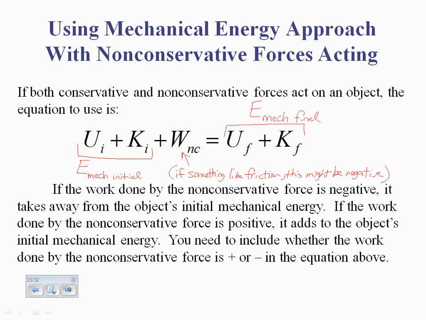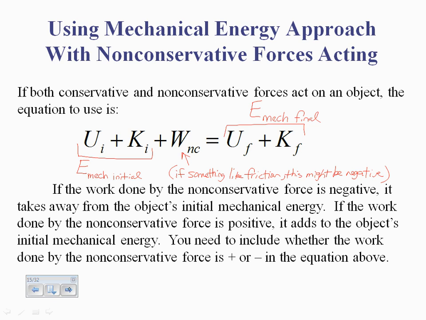After we looked at this, we talked about what to do if there were non-conservative forces acting. If there are non-conservative forces doing work on the object, those forces change the mechanical energy. You have the initial mechanical energy, the initial potential energy plus the initial kinetic energy, but then the final mechanical energy is going to be a different value.